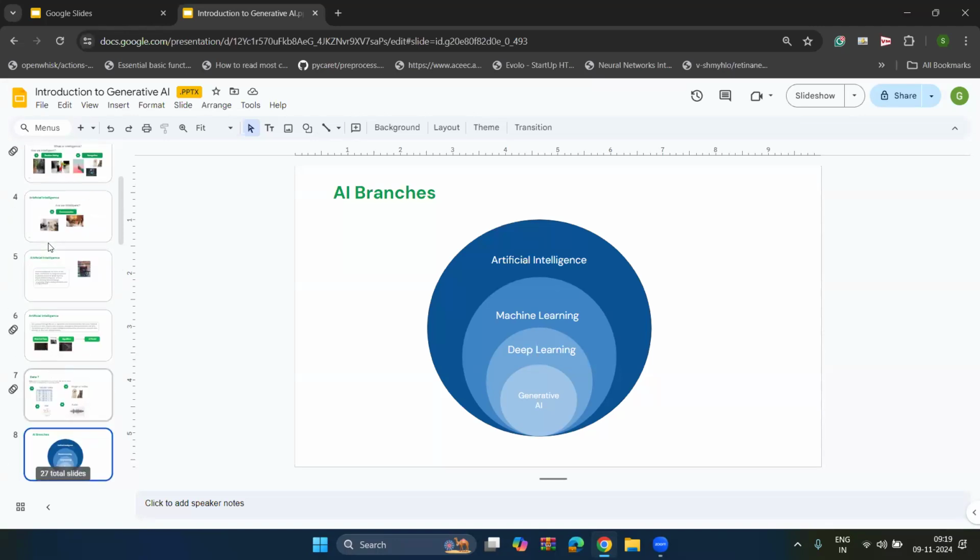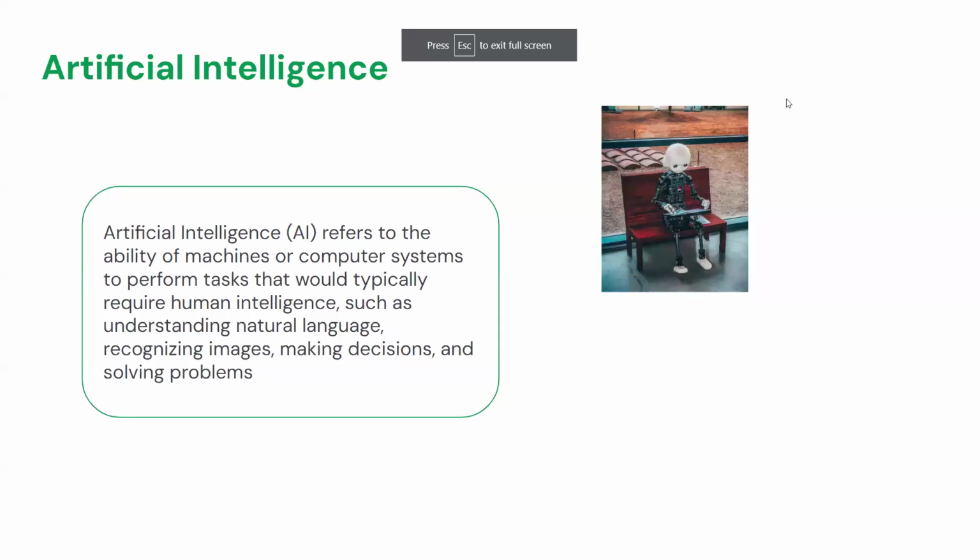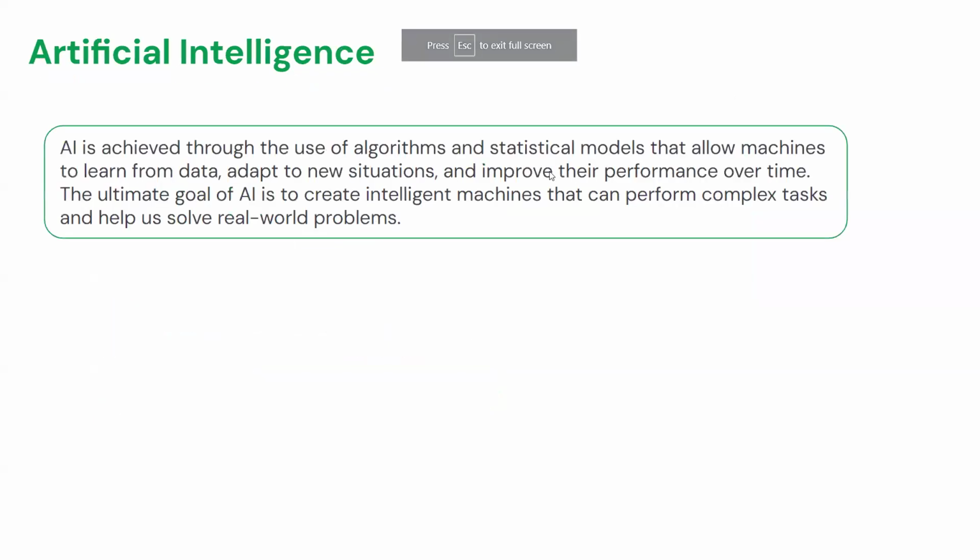Before talking about the concept of AI branches, we'll also talk about how AI works. I guess you already know this part, but I am discussing it again just to give you a small refresher.